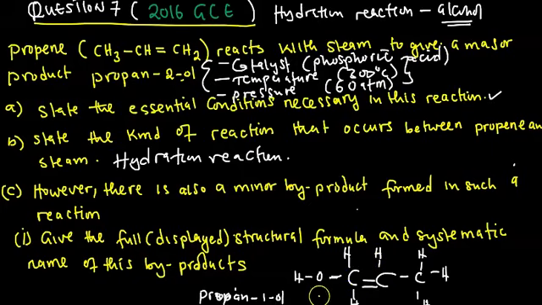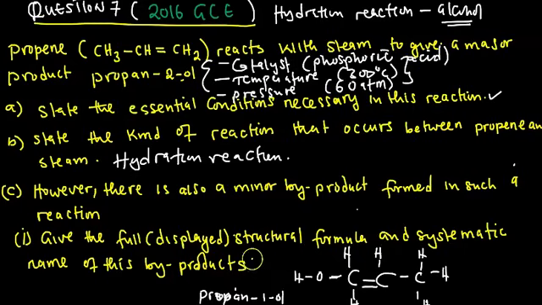But there's a possibility that it might attach here, which forms the minor product. So the major product is the secondary alcohol, then the minor is the primary alcohol. I guess you get that point. So that is basically what really happened. So get to check on Markovnikov rule and what it says there.